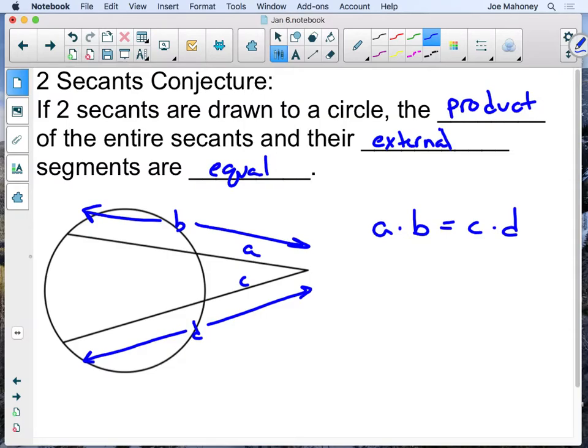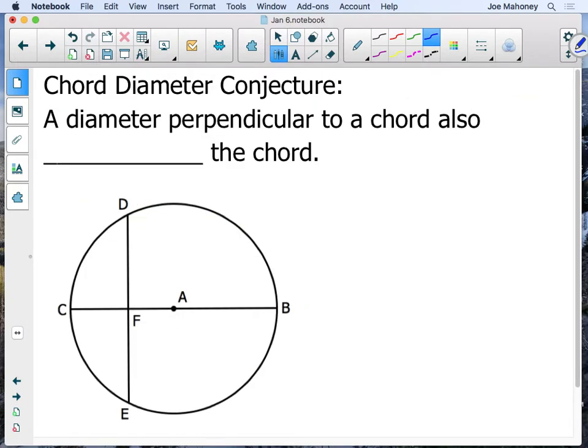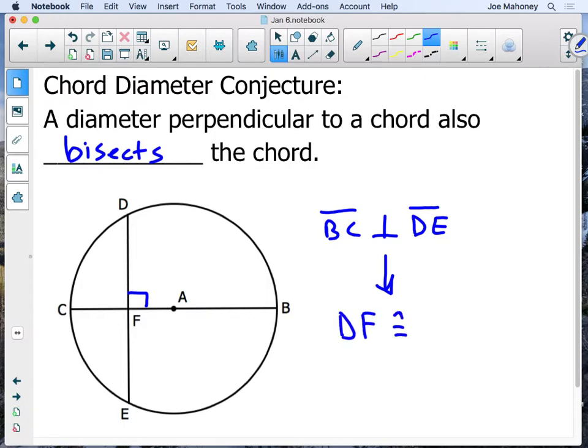All right, a couple of the little ones to clean up. This is a quick one here. If a diameter is perpendicular to a chord, it bisects the chord. So if I have a right angle here, so if BC is perpendicular to DE, what that means is that DF is congruent to EF.